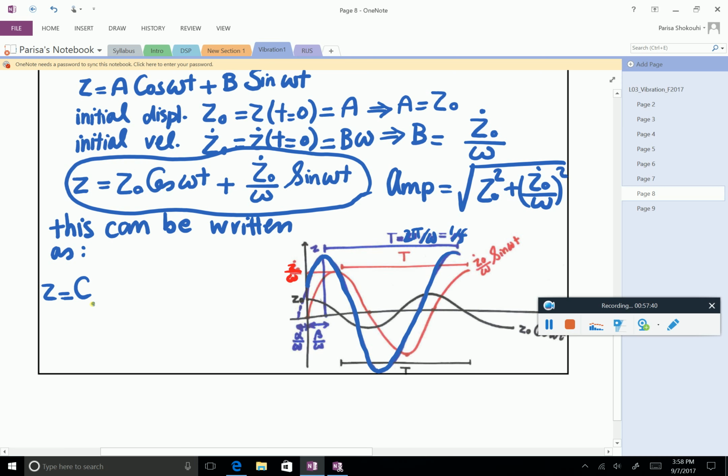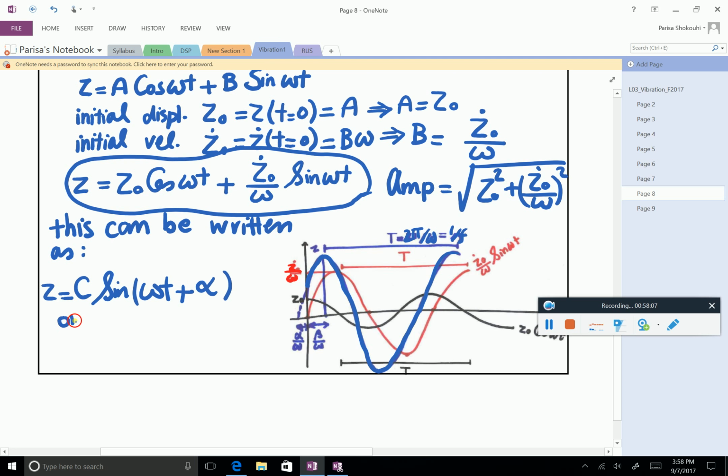This is what I was teaching you in the beginning. You can see the blue curve; you can look at it as a sinusoid if you take into account this phase. So it would be sine of omega t plus alpha, right?